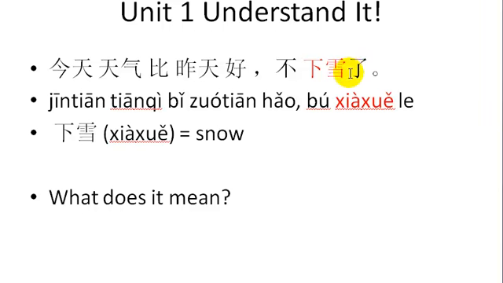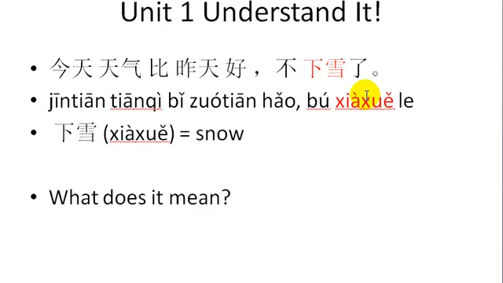Okay, and take a look here. Mastering the use of le is going to be a lifelong endeavor, and I'm still figuring out when to use it and when not to use it. One of the best ways to learn when to use it is just to see where Chinese speakers are using it. So here, just look at this construction. 不下雪了. It's not snowing.